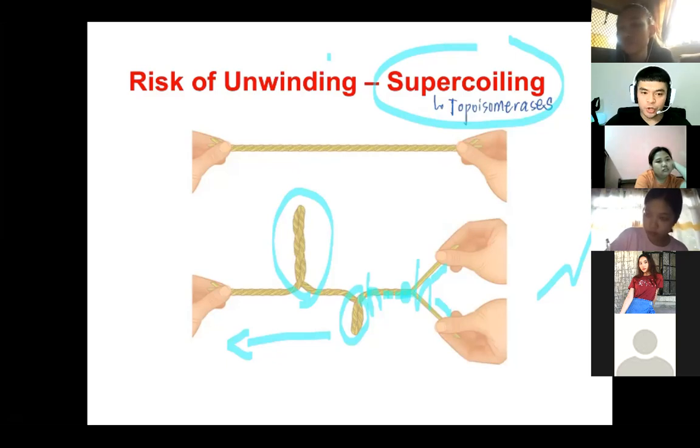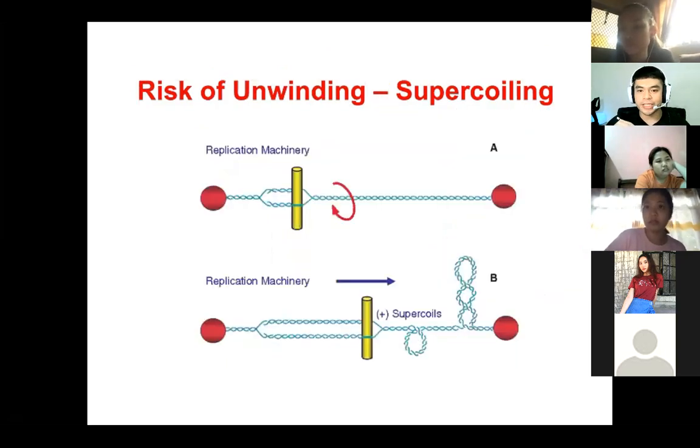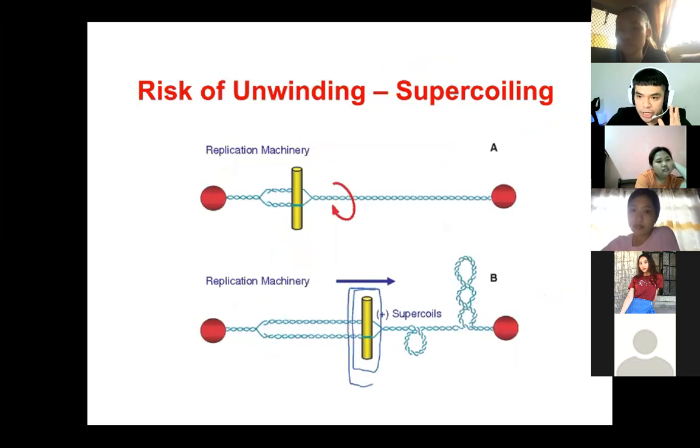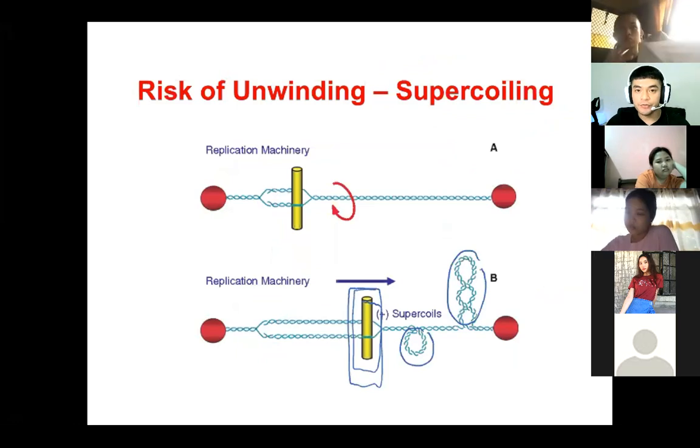So another figure, bago ko i-discuss ang topoisomerase, ito na rin yung sinabi ko kanina. So imagine, yung cylinder for instance ay yung helicase. So as helicase moves, chances are there could be supercoils that could interfere with further processes involved in replication.